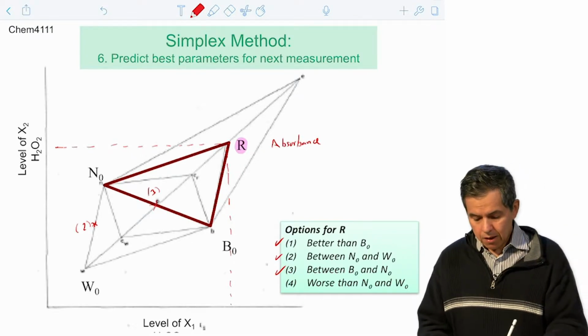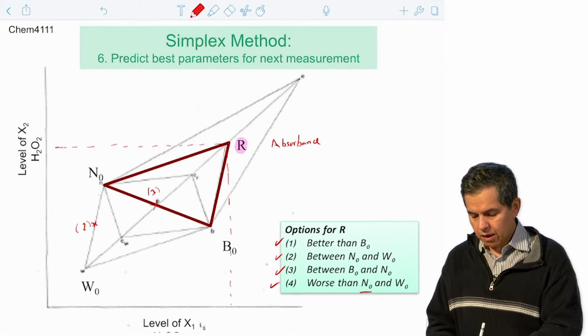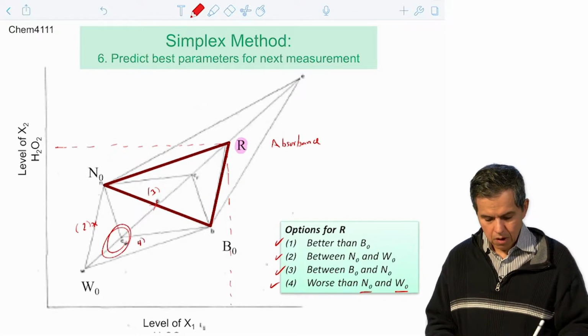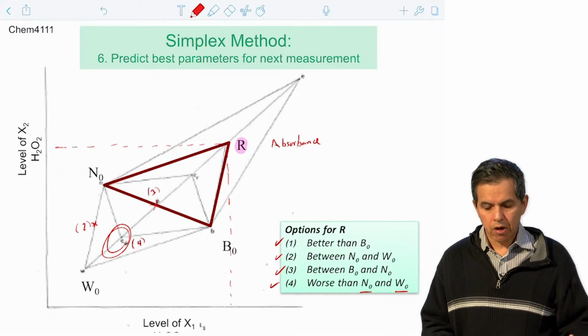Or it could be that it's going to be worse than both the next to best and the worst. That means that it might be found somewhere over here. So depending on the result of that measurement, we're going to have to make a decision. So let's take case by case to figure out what decision we need to make.